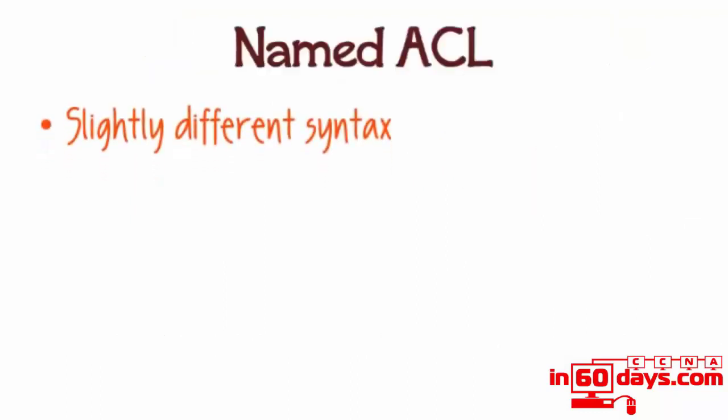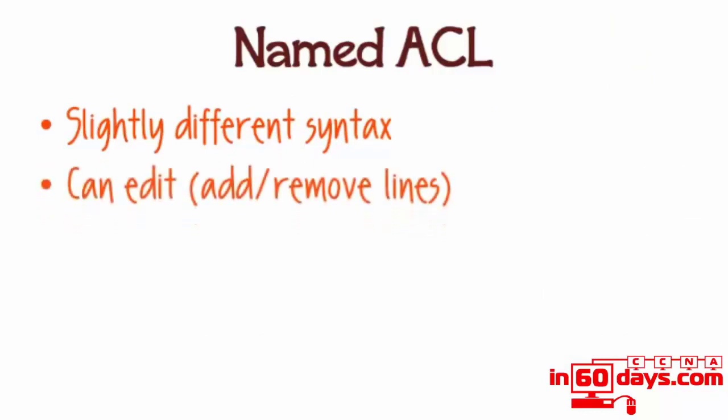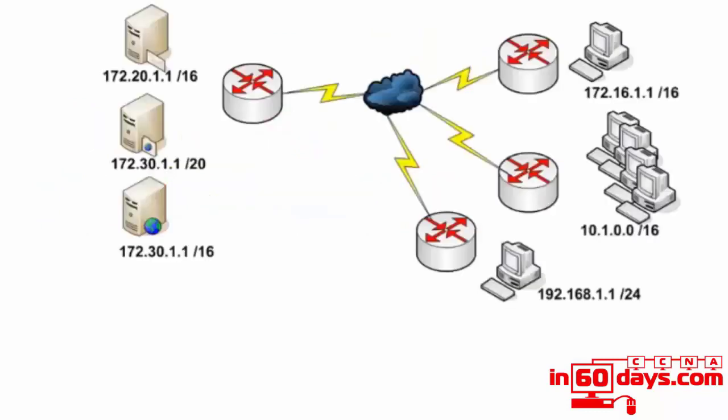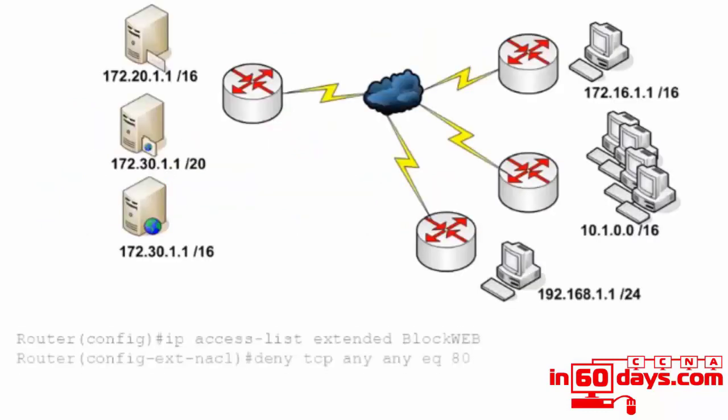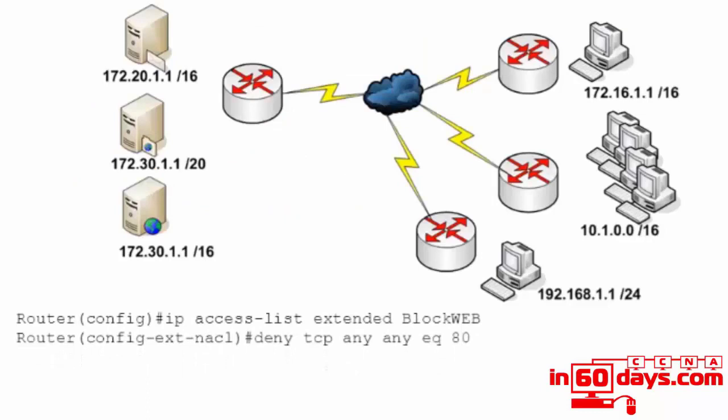Named access lists, different syntax, a little bit of a pain really, but they're very useful, and of course you need to know them for the exam anyway. So we've got our same network, ip access-list, and then we type extended or standard. If you typed a question mark there, it would give you the 2 or 3 choices.